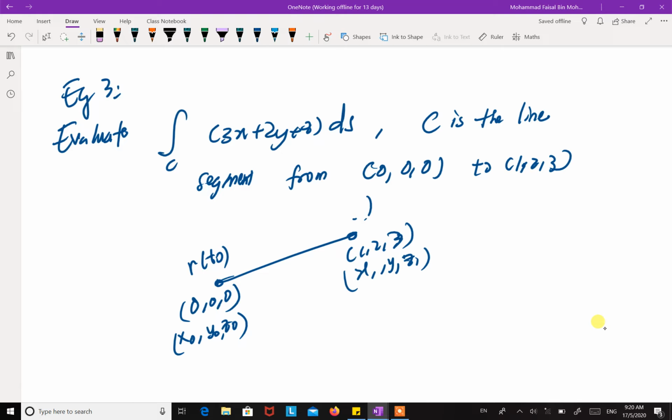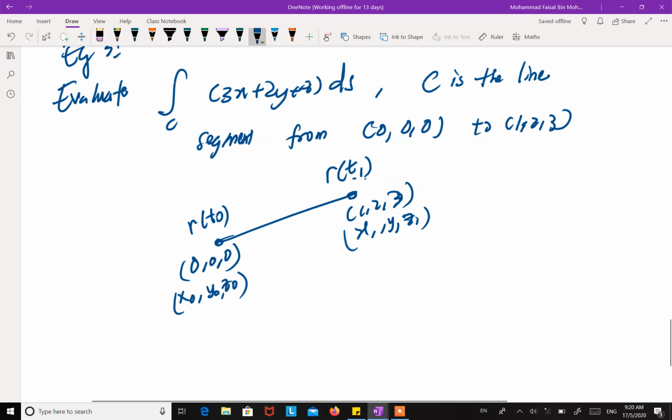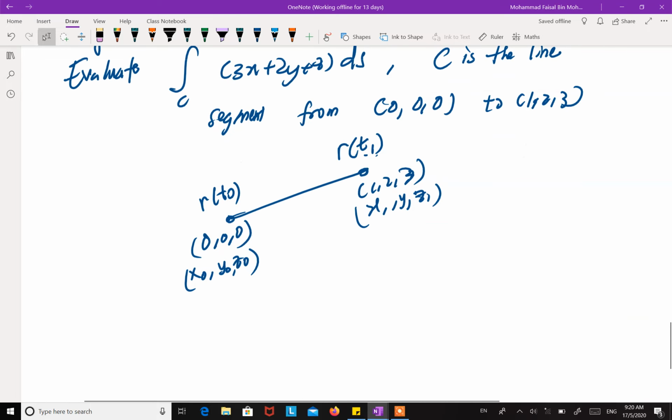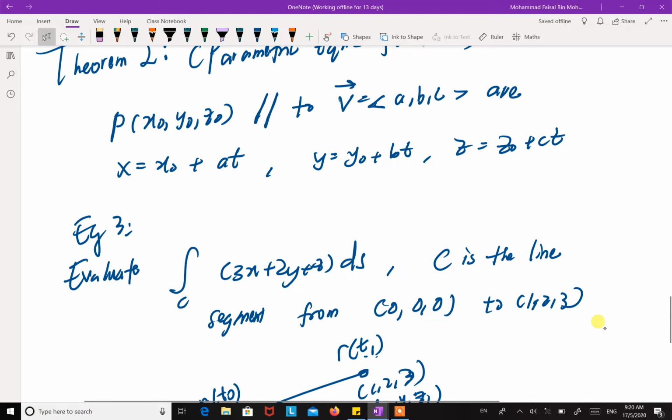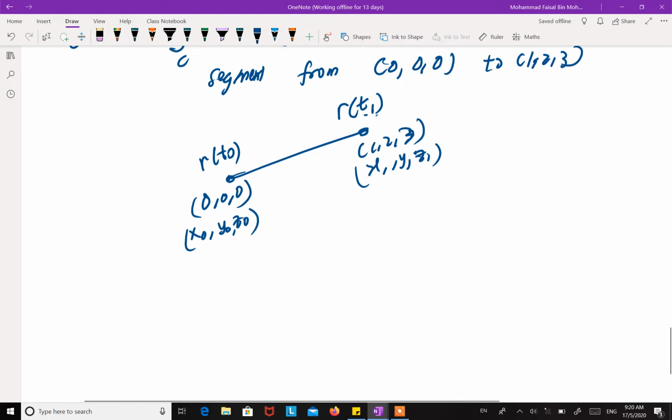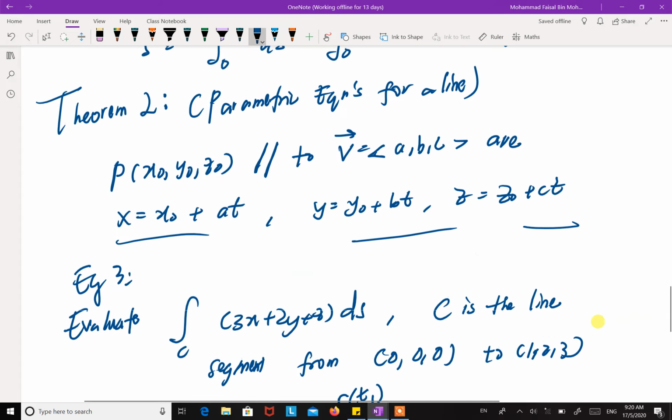Let me write again, r at t1. So from this formula, x y z is equal to x naught, y naught, z naught plus v, the parallel vector, times t.